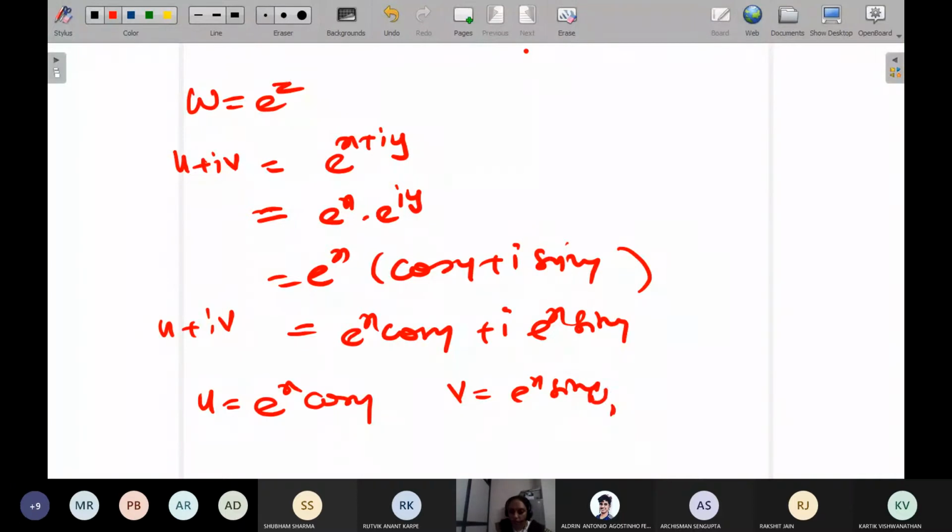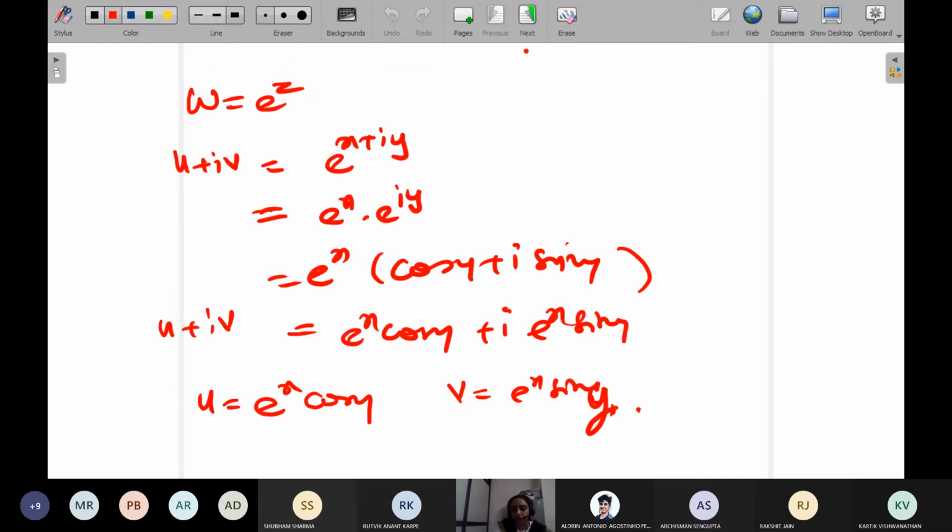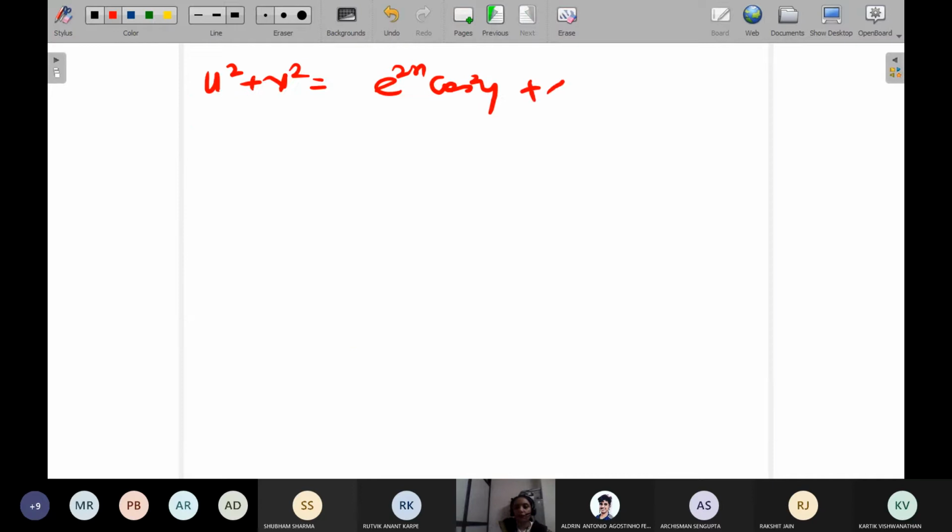Okay, to do the transformation, instead of these equations, you can find U square plus V square. What will be U square plus V square? It will be E power 2X into cos square Y plus E power 2X into sin square Y. Now what are these equations? So U square plus V square equal to E power 2X.